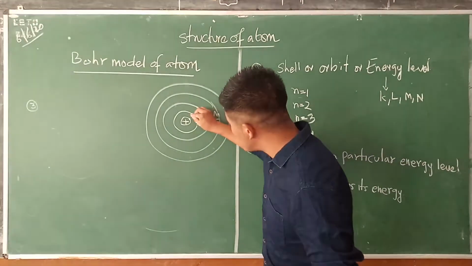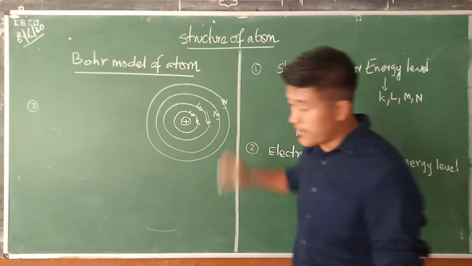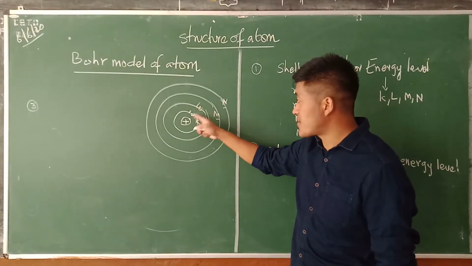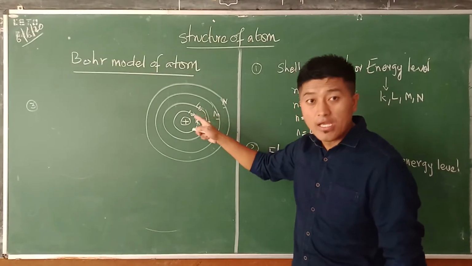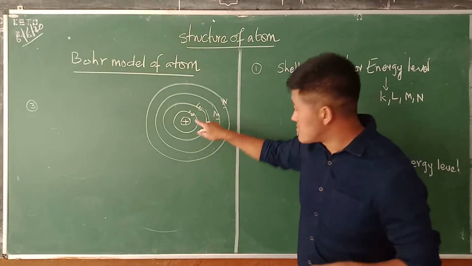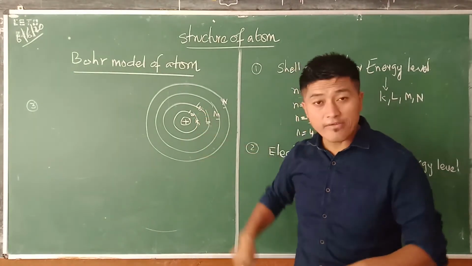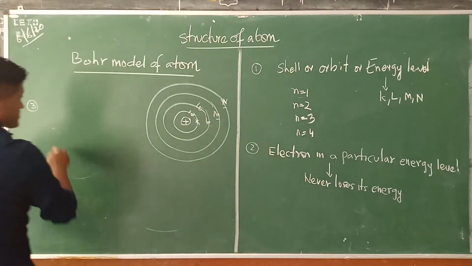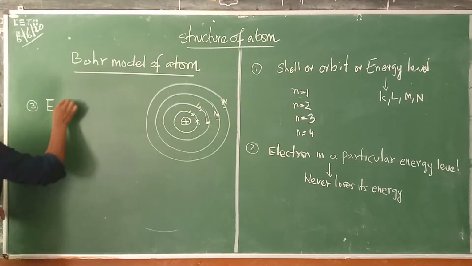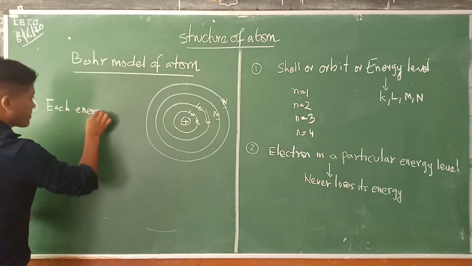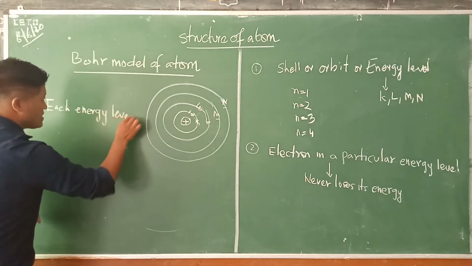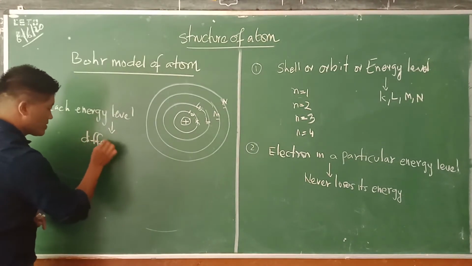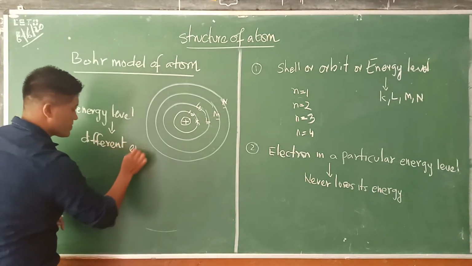Imagine there is an electron here and an electron here. Both electrons are present in different shells, different orbits, different energy levels. So the third postulate is that each energy level has different energies.